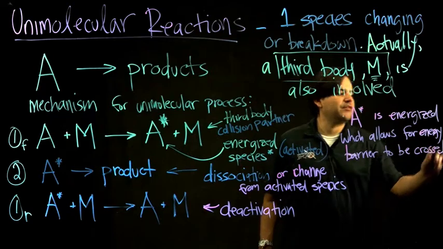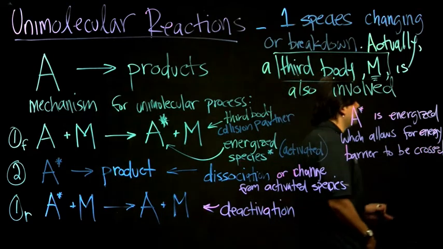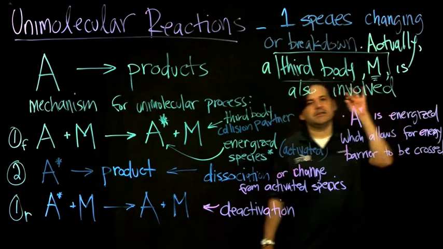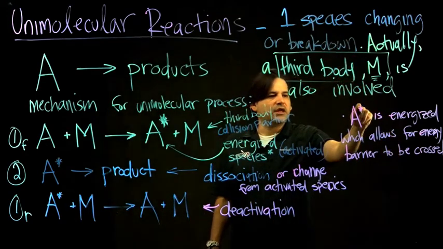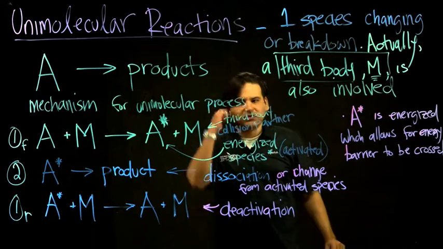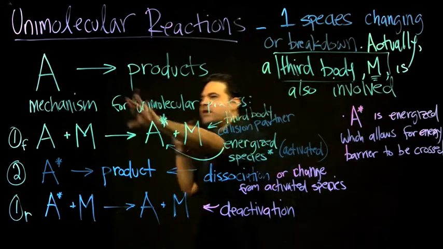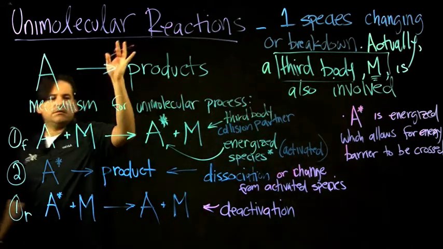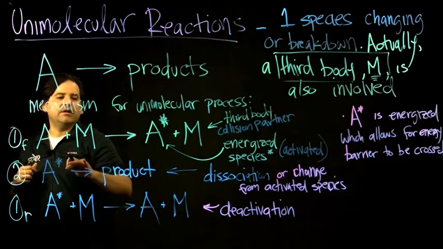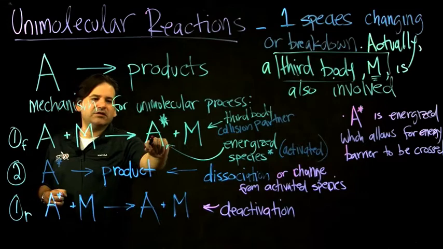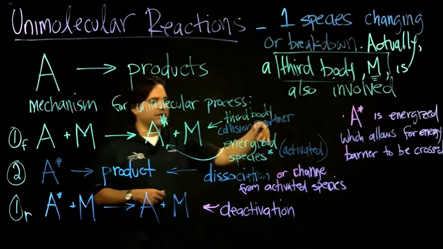So once you're activated, you have more energy. If there's some certain process that has a barrier, it can be crossed once you get this activated state. So that's why it seems like it's happening from nowhere. That's the net process, but in between there, you have to form this activated species. Then you can cross this energy barrier.